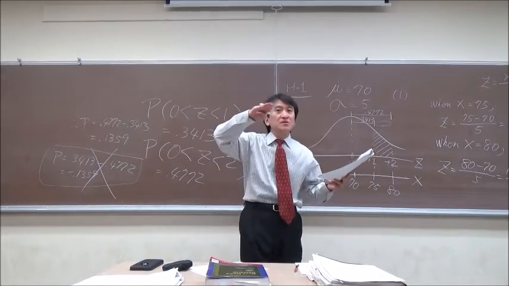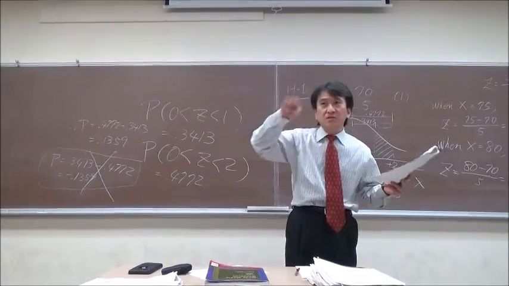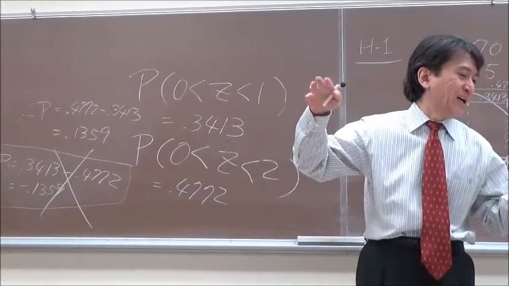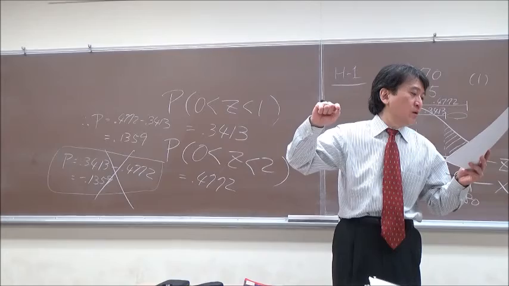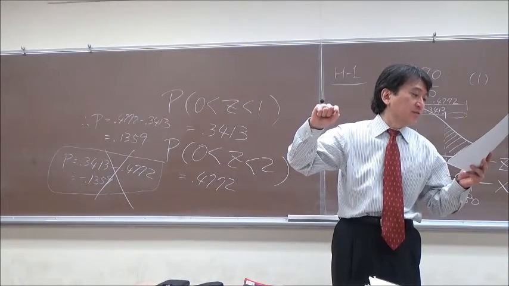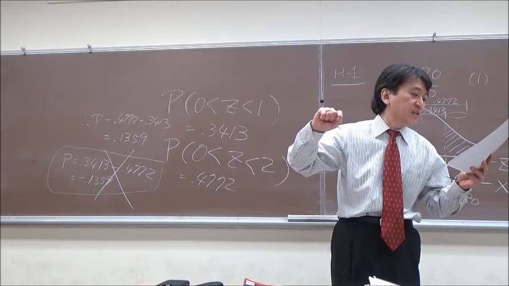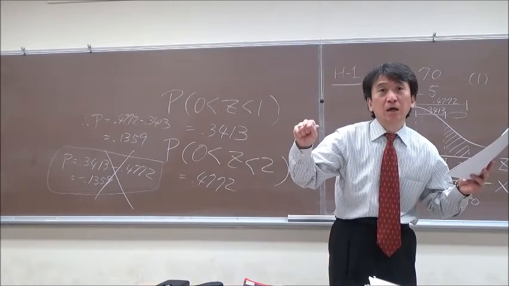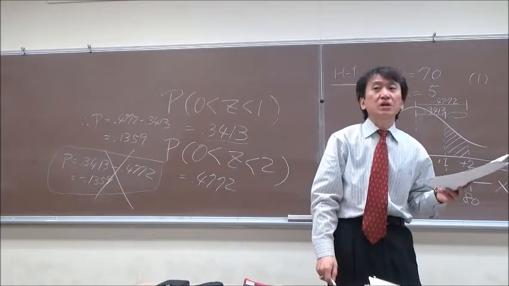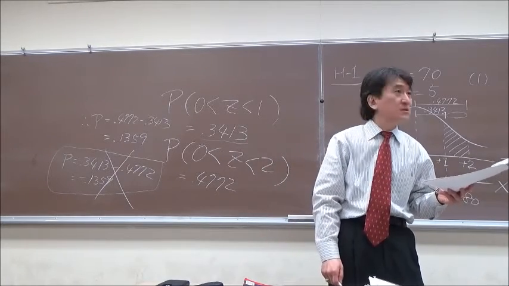I am talking about the first line with 4 blanks. With me so far? Z equals plus 1. The area under the normal curve from z equals 0 to 1 is 0.3413. With me so far?